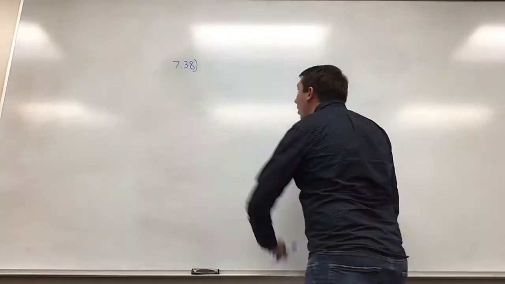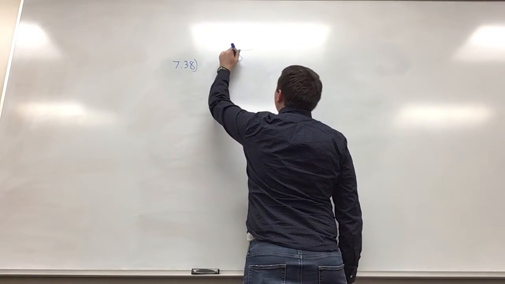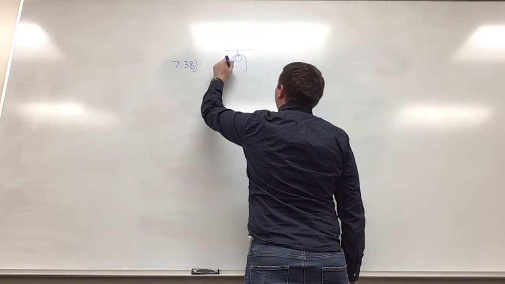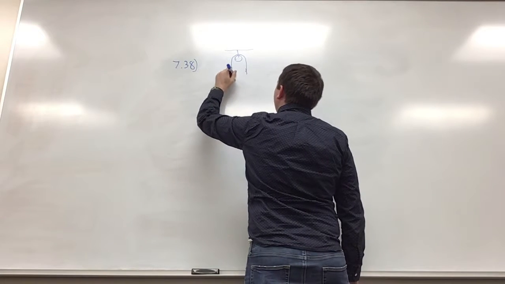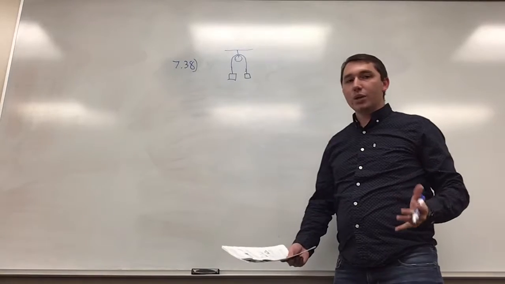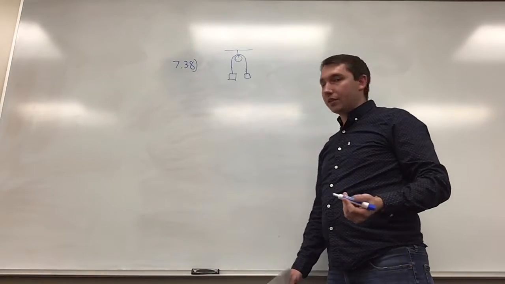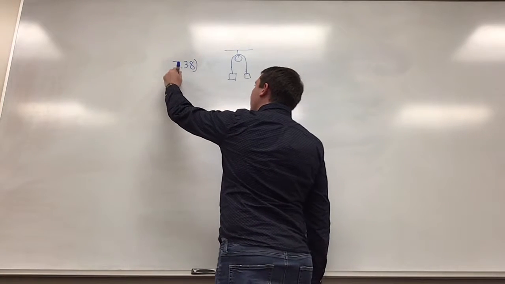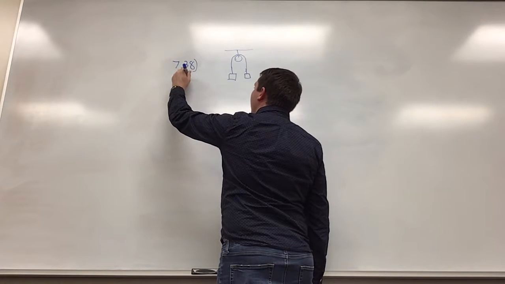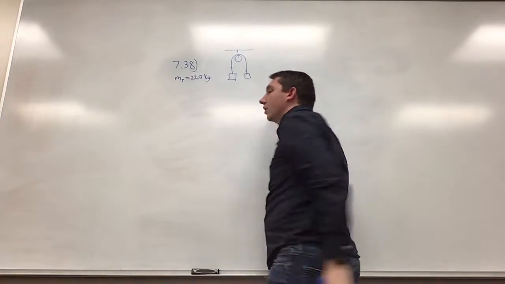So, this is going to be a ceiling with the pulley that has two blocks attached, and they're not the same weight, and initially they're held at rest and then they're released. We know that the total mass of both blocks is equal to 22.0 kilograms.